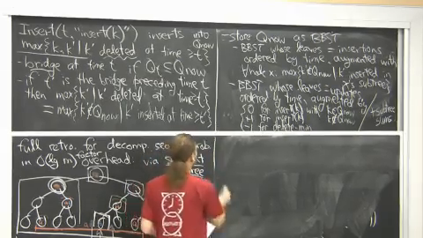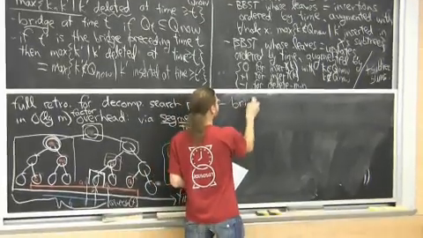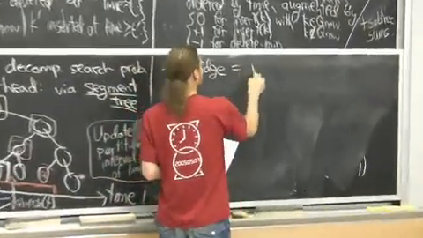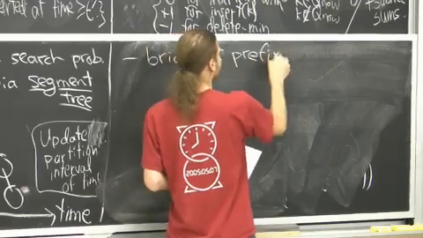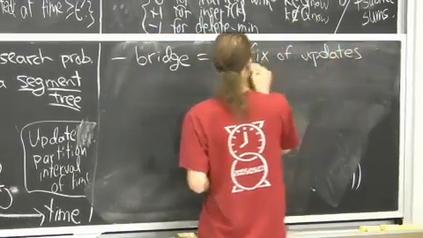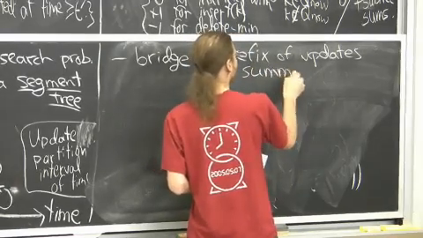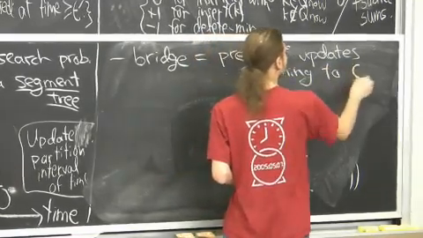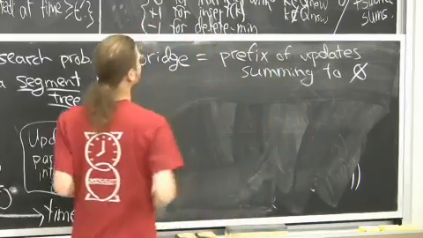Okay, I claim a bridge is now a prefix of updates summing to 0 according to this measure.